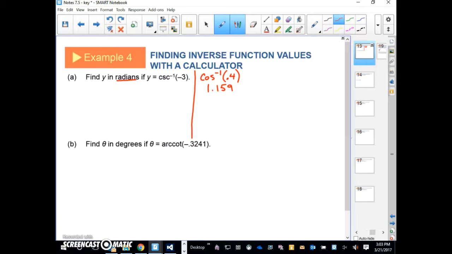What we'd have to look at is the range for inverse cosine. The range for inverse cosine is from 0 to pi. And so that means that this is defined from 0 to pi. That means first or second quadrant. And basically, when this 0.4 is positive, that's going to put us in the first quadrant.